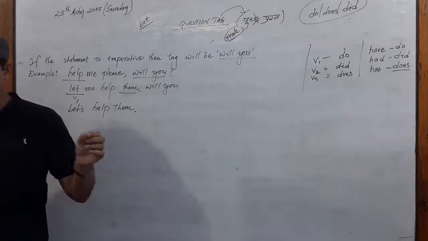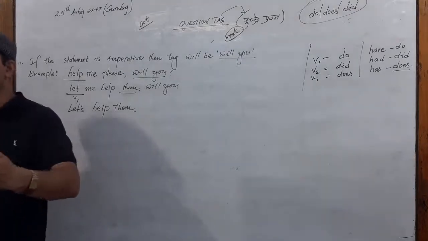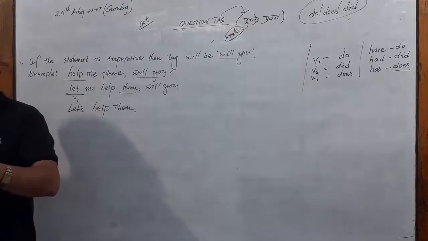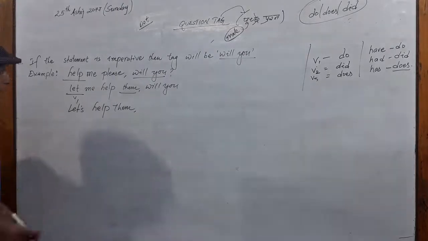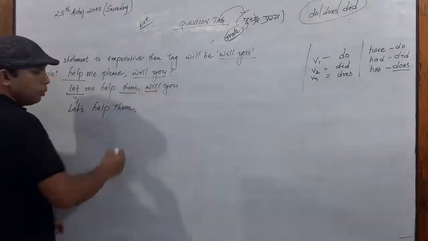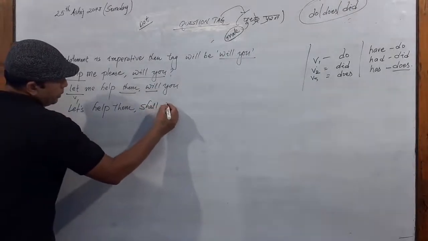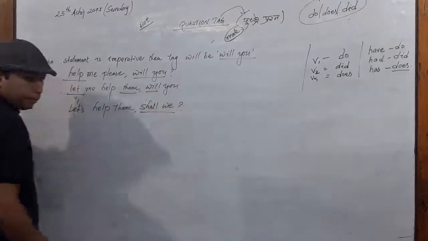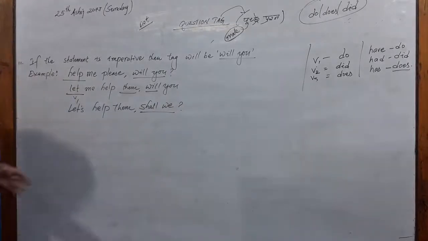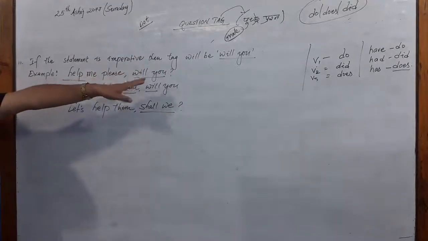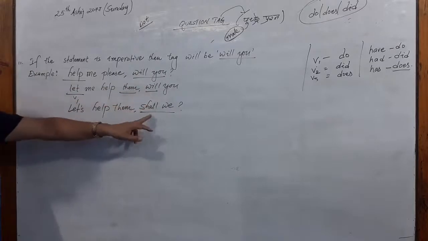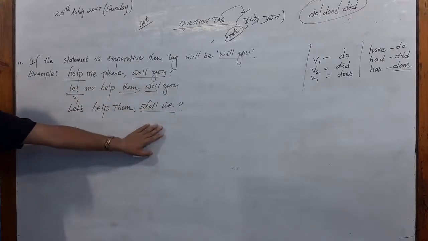The combination of I and you will be we. So at that time we will not use will, we use shall. Shall we? Look at the difference between shall we and will you. We use shall generally in wish, in public questions.